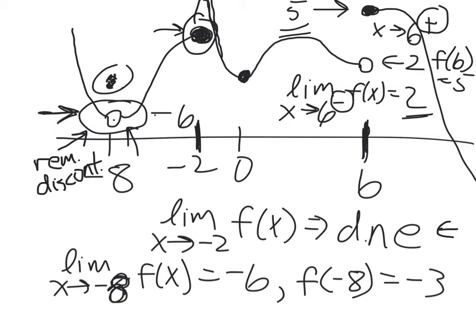Okay, and where else? At 6 as well, the limit as x approaches 6 does not exist. And both of these have the same type of discontinuity. This would be the non-removable discontinuity. There's not just a hole in the graph there, it's a jump.